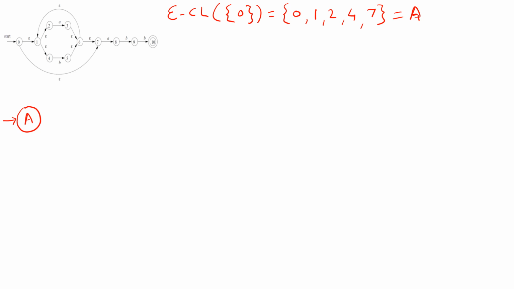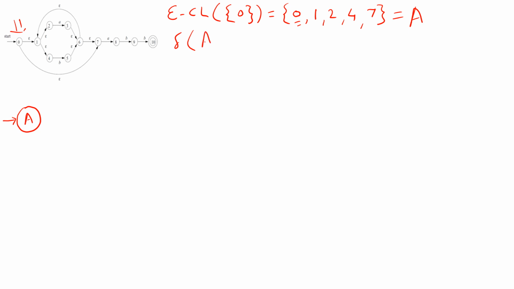The reason is that state A contains state 0, and state 0 is the start state of my NFA. Hence state A would be the start state of DFA.